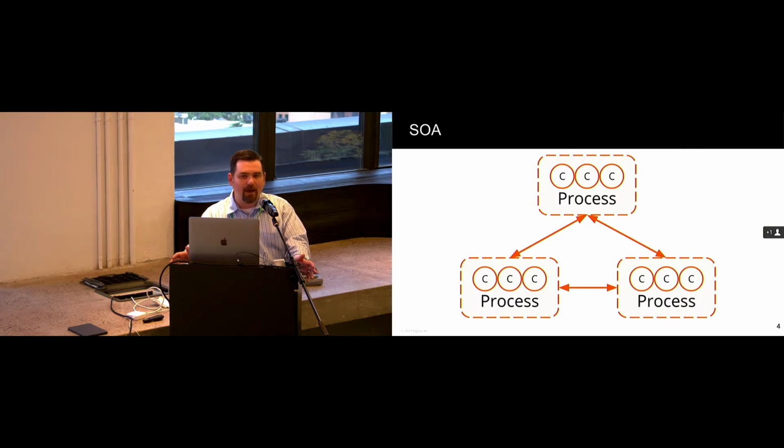So let's start with some basic examples, right? Everybody knows SOA. SOA is nothing new. If you look at the history, you probably could go back to the 1970s when various modular programming concepts were really beginning to take shape. And so I'm defining it here as some type of a process that needs to communicate with another process. And internally in that process, I can have modules and components, right?